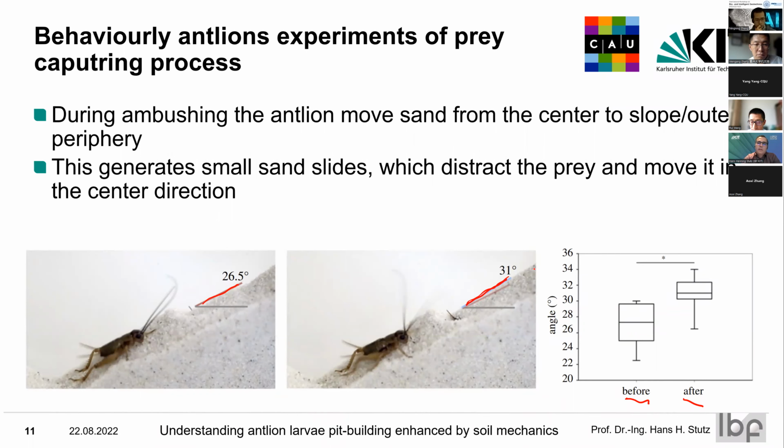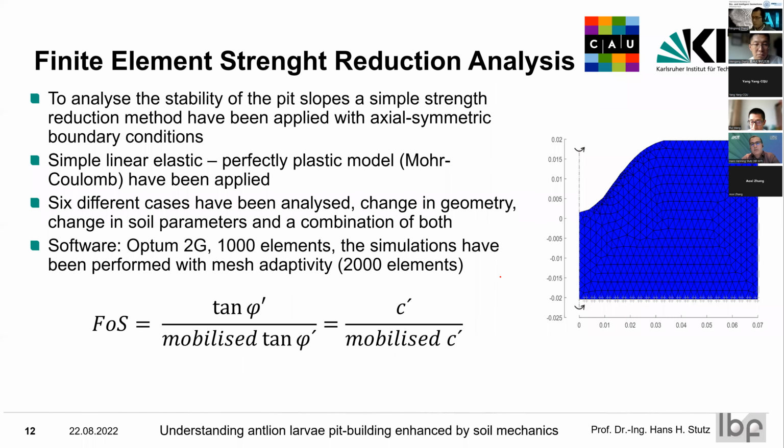This somehow proved that this sand sliding, or this small landslide, is a mechanism to capture the prey more efficiently. Of course the prey will be stressed, but it's also not that the sand grains have too large an impact on the stability of the antlion itself.